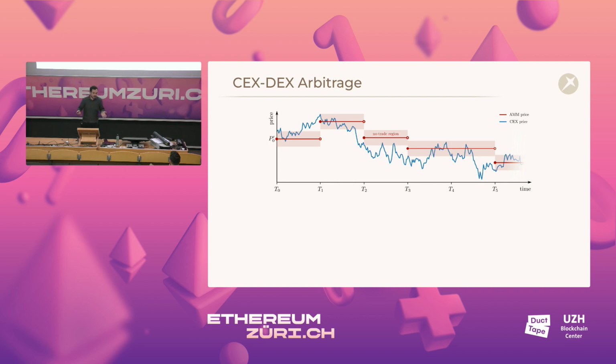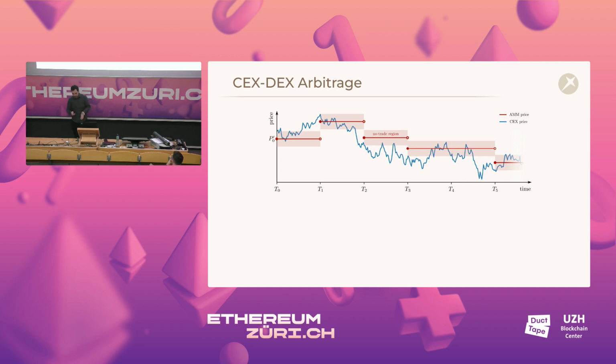What happens in general is that when there is a huge price difference between the AMM price and the sex price, like at time T1, for example, an arbitrager will come and say, okay, I'll buy from this AMM, I'll move the price all the way up until I have profits by selling this amount on a sex. So this is basically what SexDex arbitrage means.